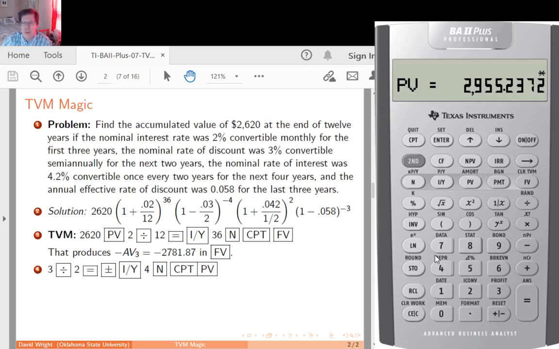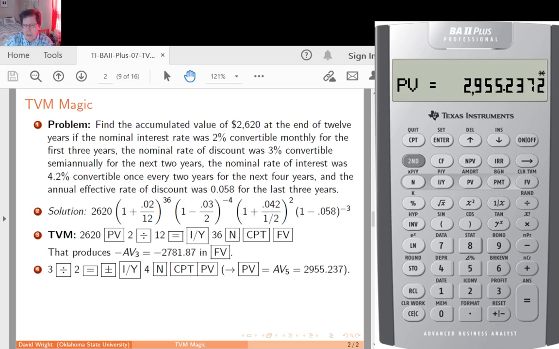There it is, 2955.2372. And this shows that that's exactly what I got before. And so the next phase is interest, and the frequency is 1/2. So that means that over 4 years there are 2 periods.